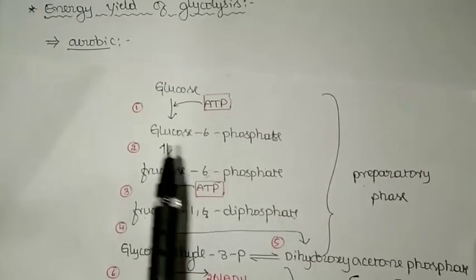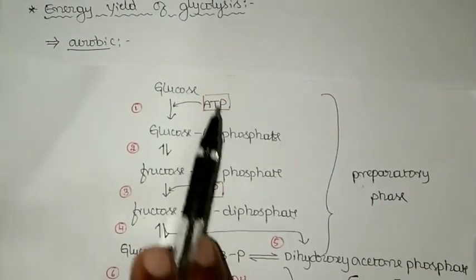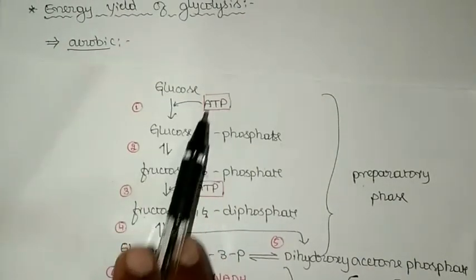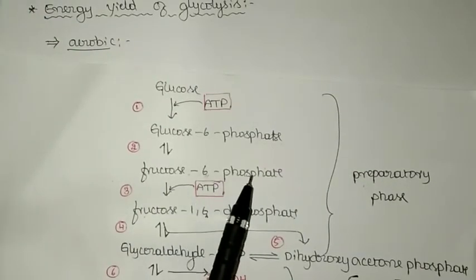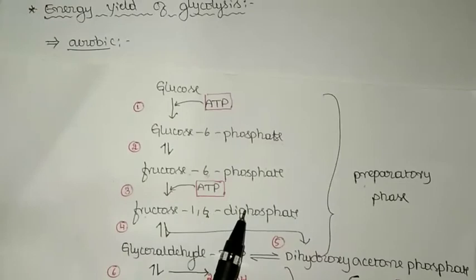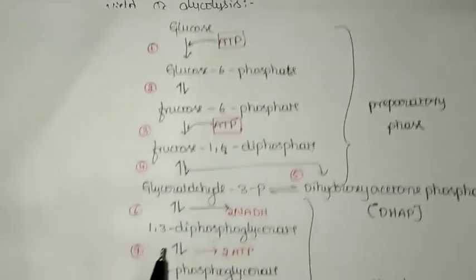You can notice in the first step, in conversion of glucose into glucose 6-phosphate, there occurs consumption of ATP. And in the third reaction, in conversion of fructose 6-phosphate into fructose 1,6 diphosphate, there occurs consumption of 1 ATP molecule.